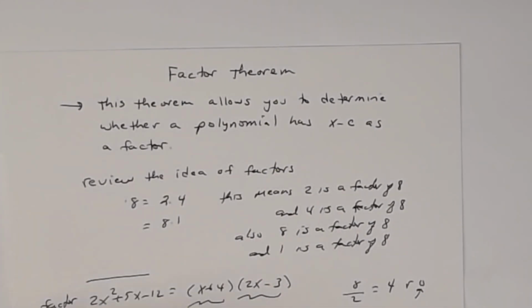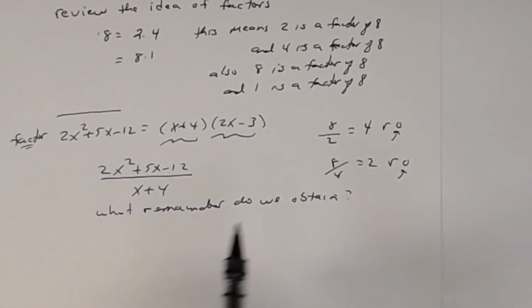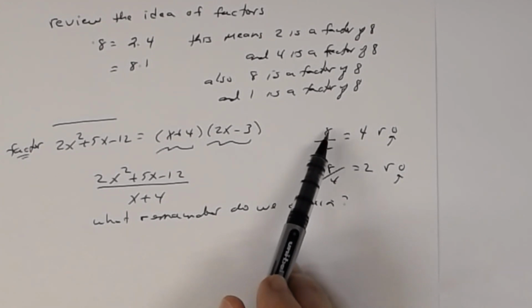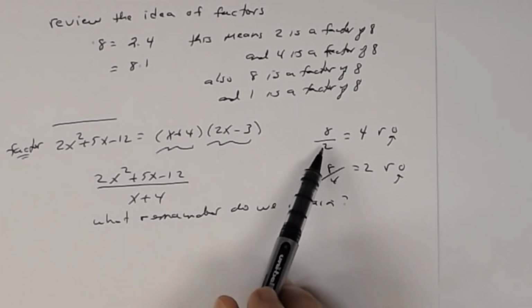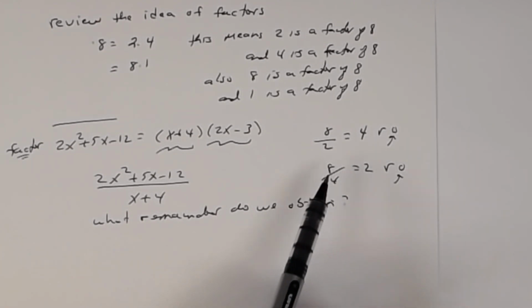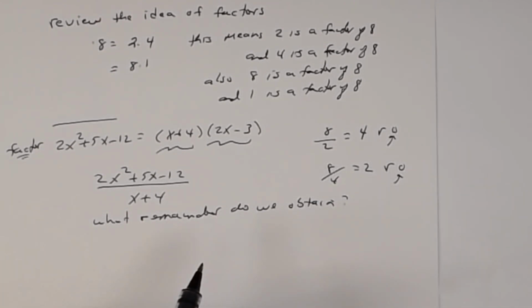That's what I want to talk about right now, and that's going to help us with this factor theorem. What is the factor theorem? Again, going back to the idea that if I take 8 divided by 2, notice that 8 is divisible by 2 because the remainder is 0. 8 is divisible by 4 because the remainder is 0.